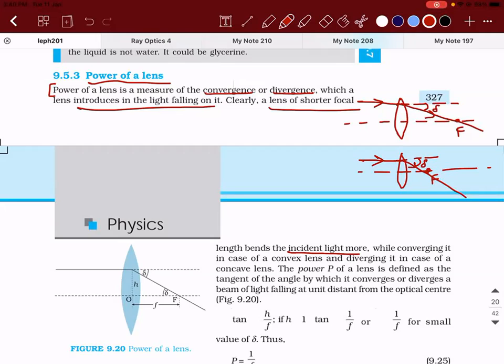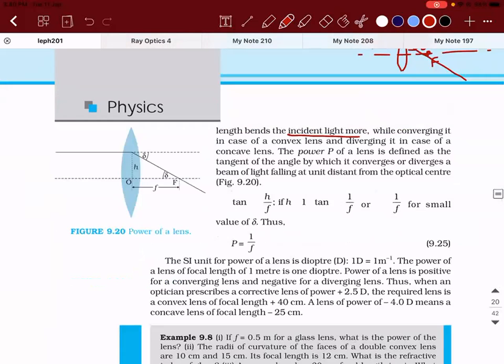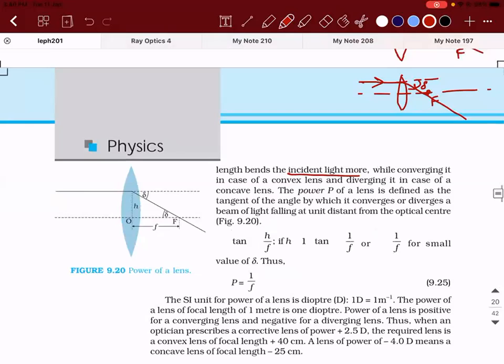If you see, the angle of deviation is more in the case of the second. Yes, because it is having shorter focal length, while converging in the case of convex lens and diverging in the case of concave lens.